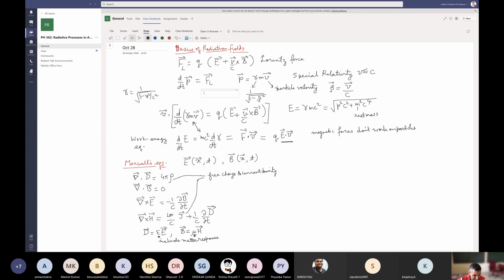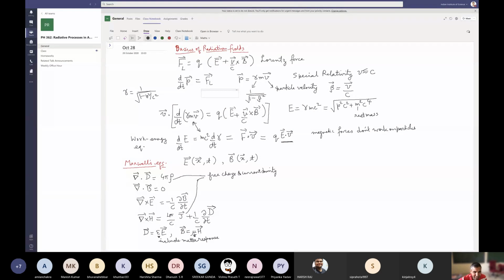So there is this whole formalism where, for example, in electrostatics, if we put a dielectric in between capacitor plates, there are charges induced in the dielectric. So the charge we put on the capacitor plate is affected by the charge induced in the dielectric.